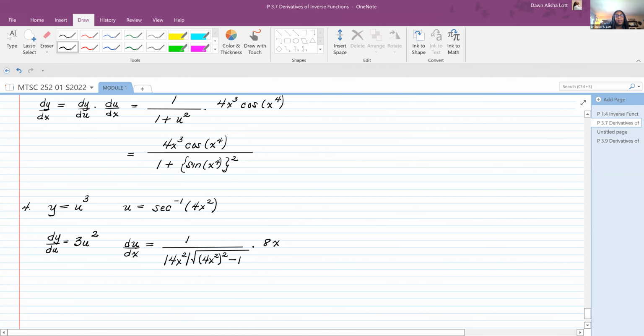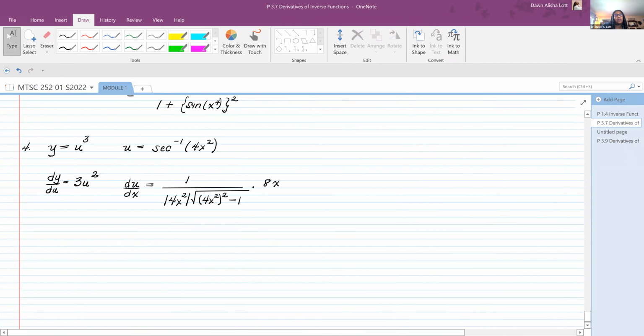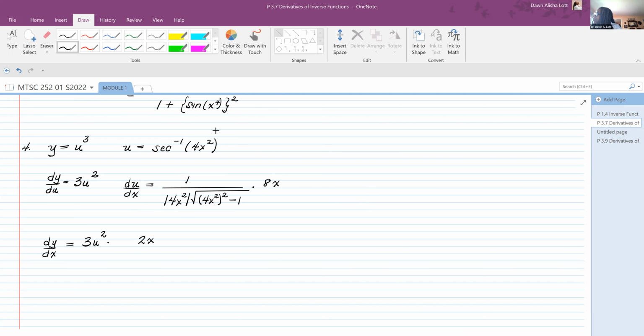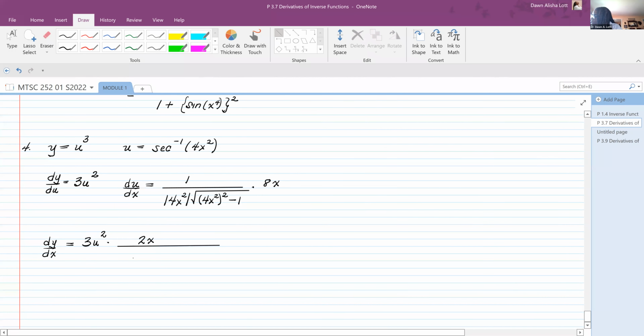Okay. All right. So now let's put it together. We get dy dx is 3u squared times, I can pull the 4 out. All right. So the 4 and the 8 give me 2x. But I cannot divide the x and the absolute value. They have to stay.